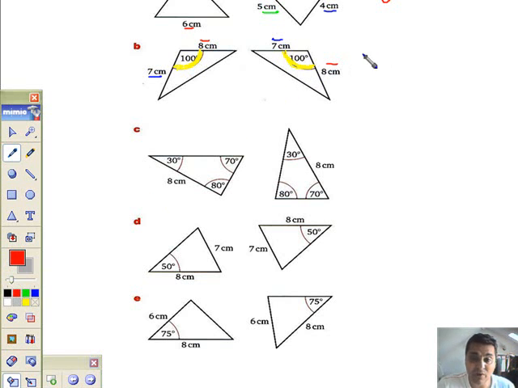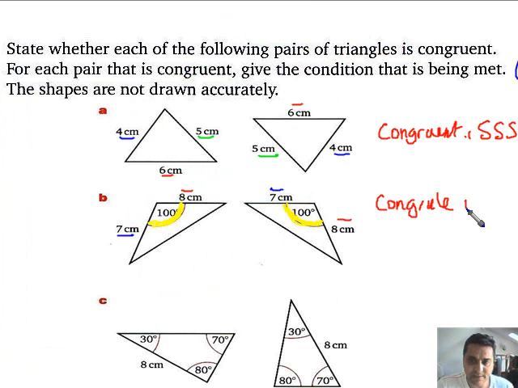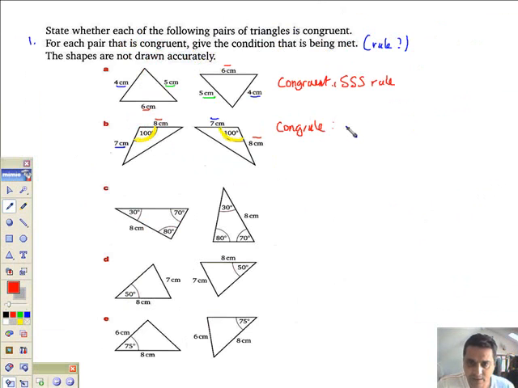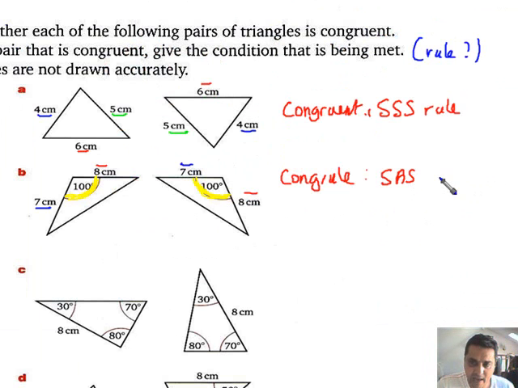Therefore, these two triangles are still congruent. And the rule is side, angle, side. Side, angle, side rule, and that's fine.